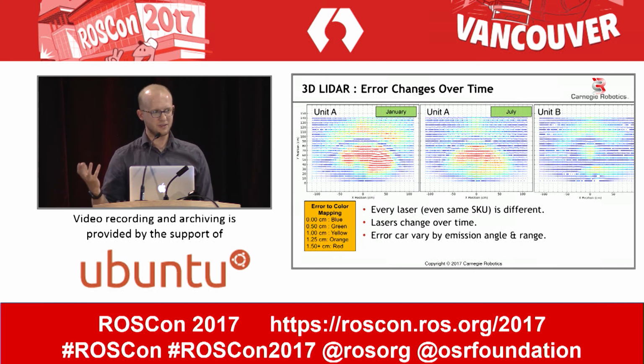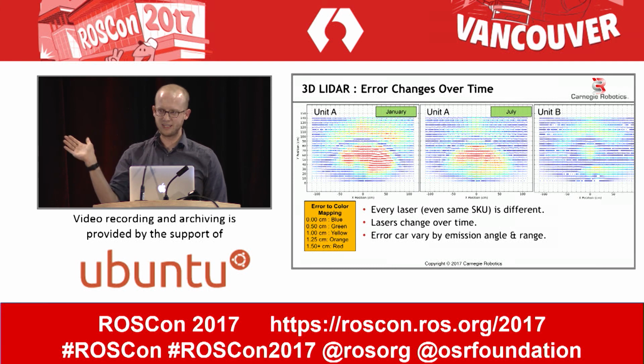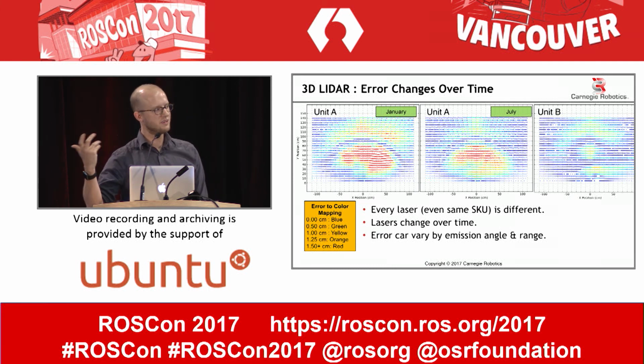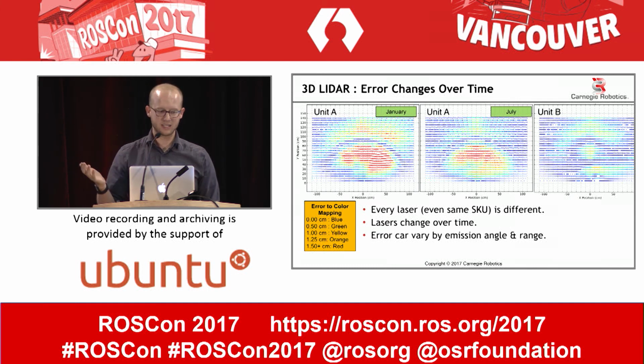And the distortion that it was seeing on that wall was actually emission angle and range dependent. It wasn't just that there was a bad distance or there was a bad clocking angle, but the combination of those two factors had bad lobes of data within this field of view, which was very surprising and not expected. And then the exact same model, but a different actual physical unit from that same vendor didn't have those sorts of problems.